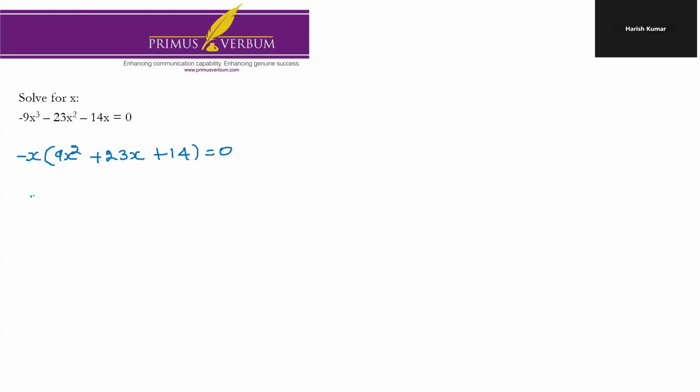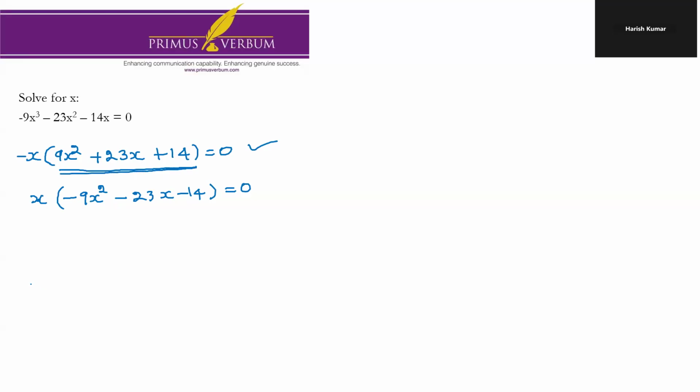Of course, I could also factor out x as the highest common factor, in which case I would have minus 9x squared minus 23x minus 14 equal to 0. But I prefer this because everything is plus within the brackets, and that makes things easier.